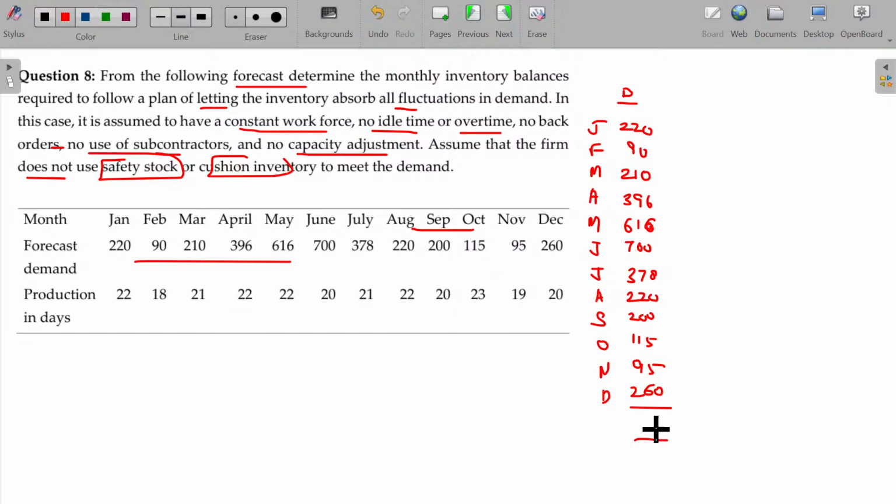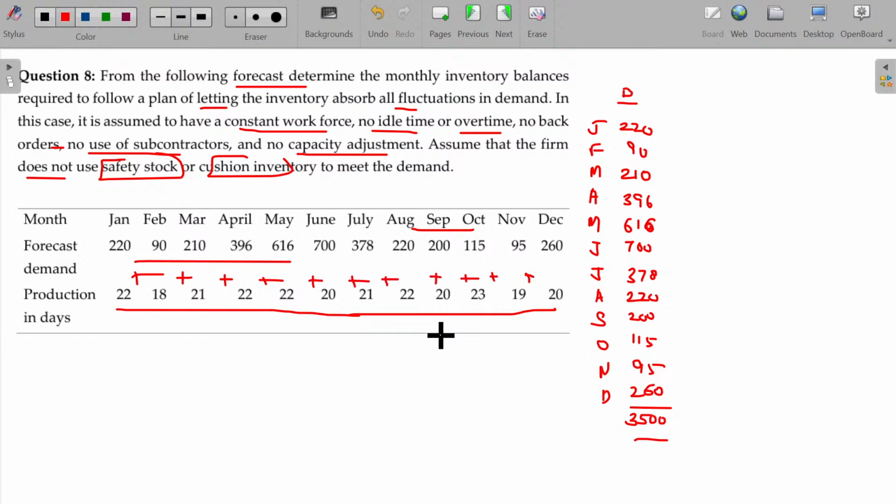Is it 3,500? Now, how many production days are there? Do the summation. I think 250 working days are there.